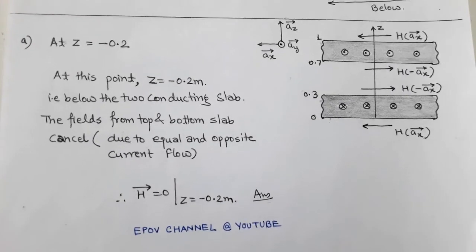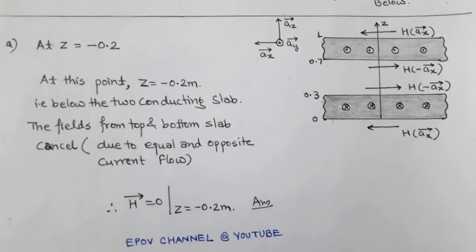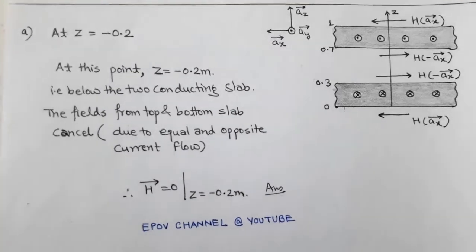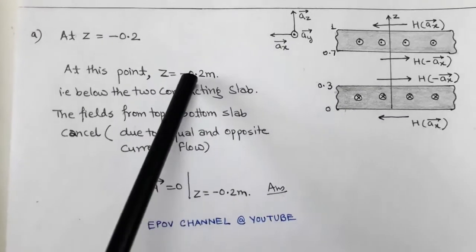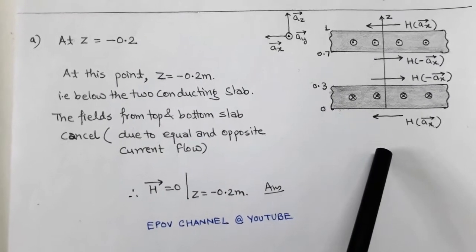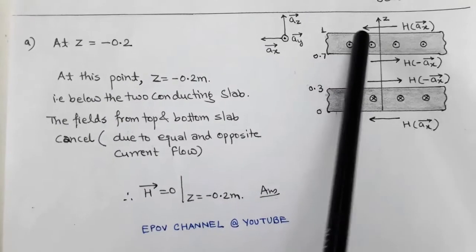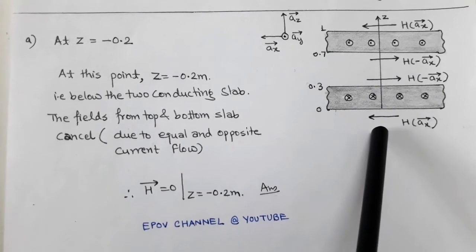So now we start a question, that is we have to determine the magnetic field intensity H at z equals to minus 0.2. As this point z equals to minus 0.2 is below the two conducting slabs, and as the current is flowing in opposite direction, the summation of the magnetic field intensity for both slabs is 0.